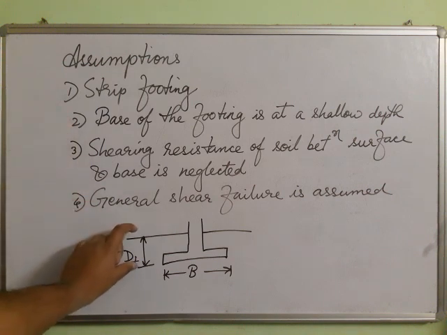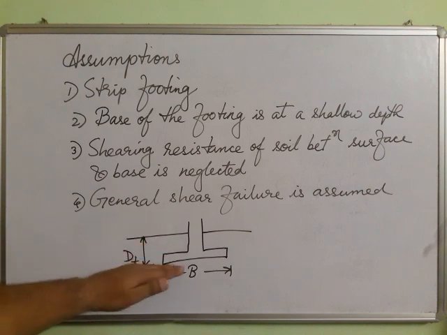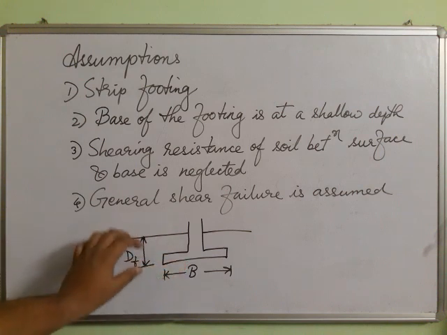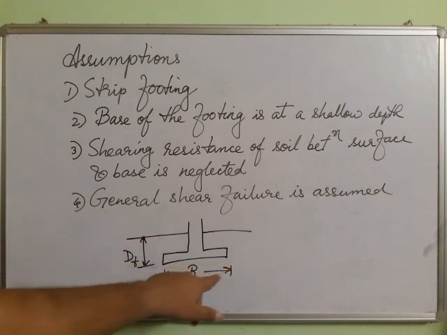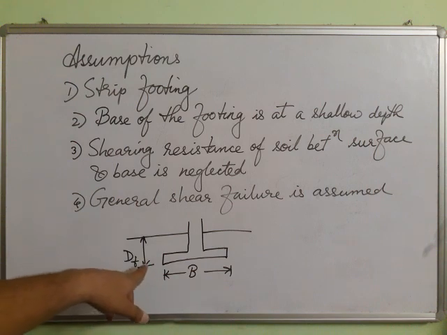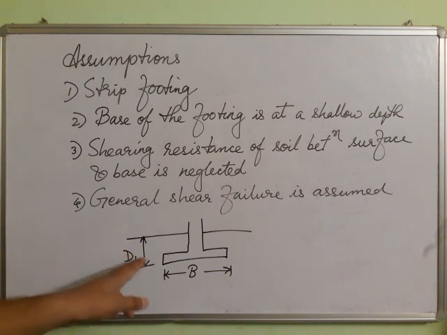If this is the depth of the footing, this is the top surface of the soil, and this is the base of the footing, and this is the width of the footing, then depth should be less than the width. That means if we divide depth by the width, we get a value less than 1. So that is one thing that you should know.